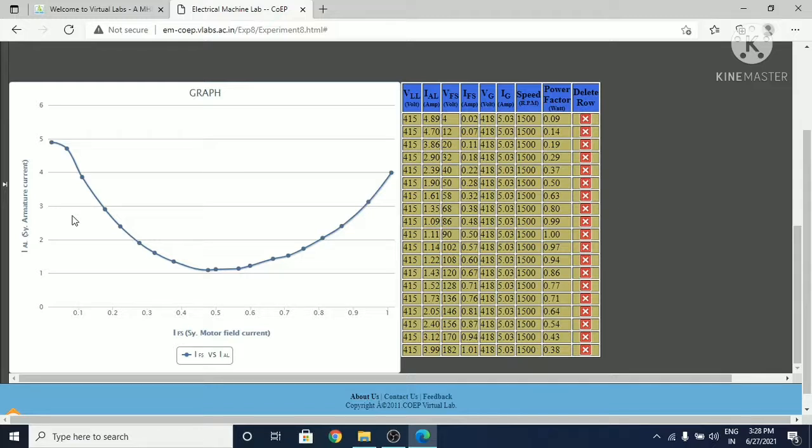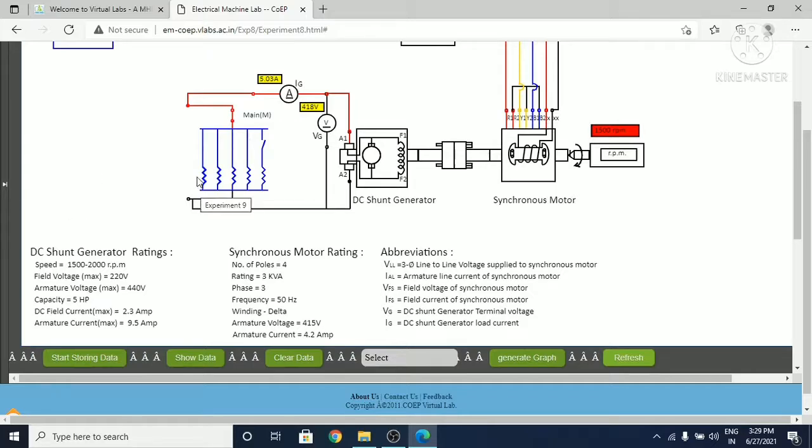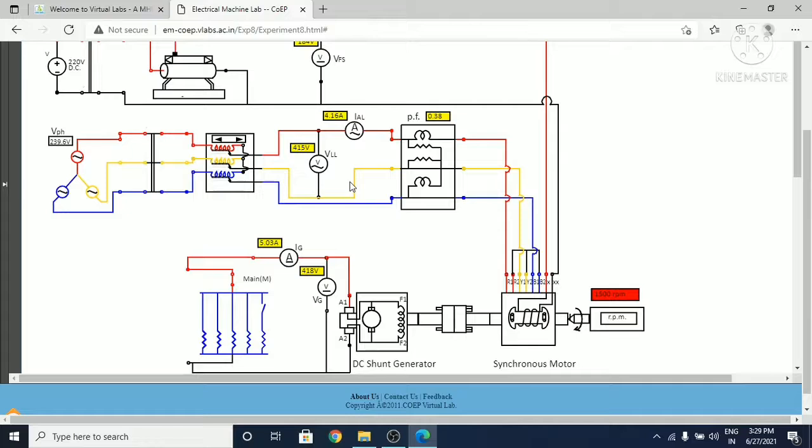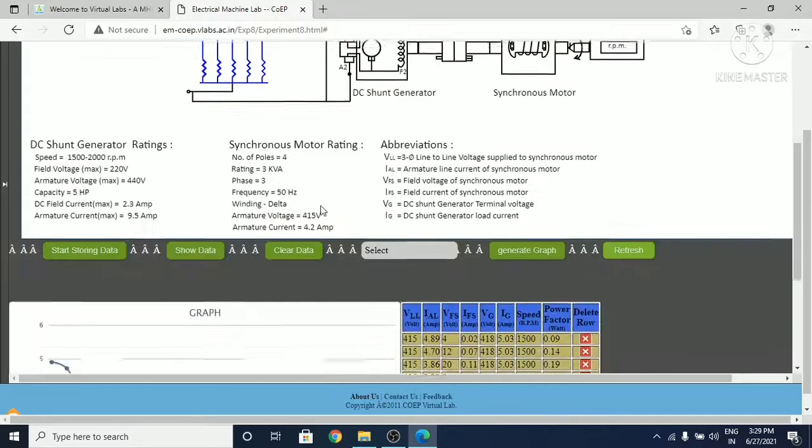The difference is that the no load curve was narrow, but here it's slightly wider, because whenever we add a load to the synchronous motor, some stator current flows through the load side, so a larger field current is required to obtain the unity power factor.